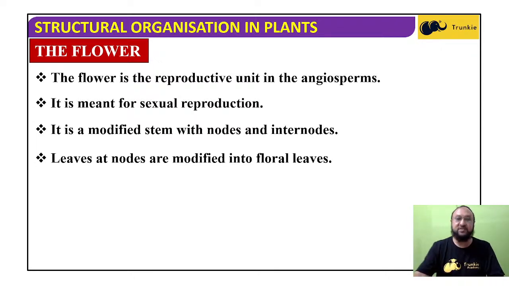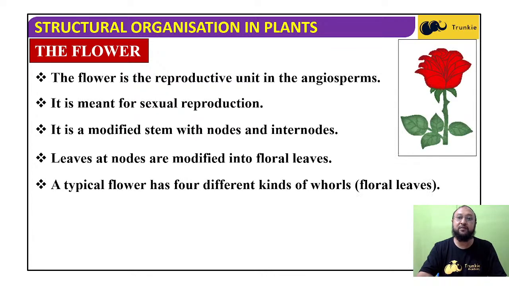The stem is the structure which grows above the ground and bears branches, leaves, flowers and fruits, but the flower is also a modified form of stem. Floral leaves means the petals.